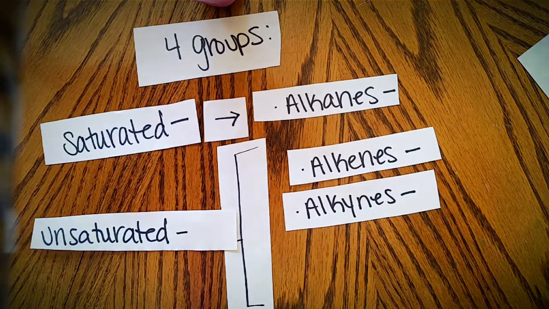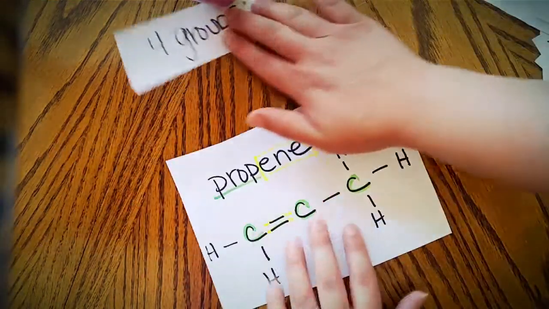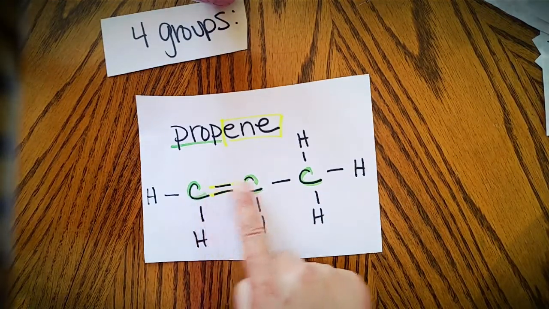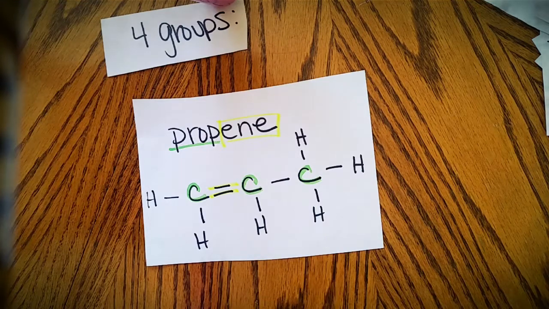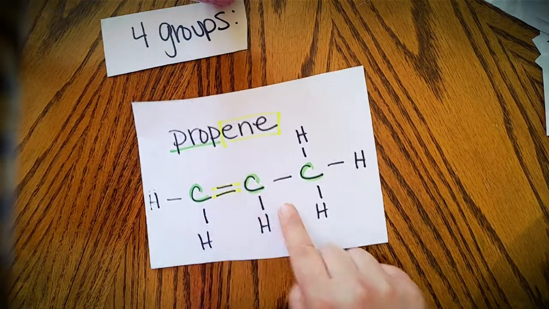So for an example, if I have propene, okay, again, that prop means 3, and here I have a double bond, so I don't have as many hydrogens.